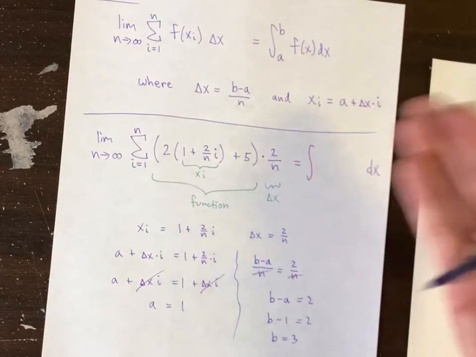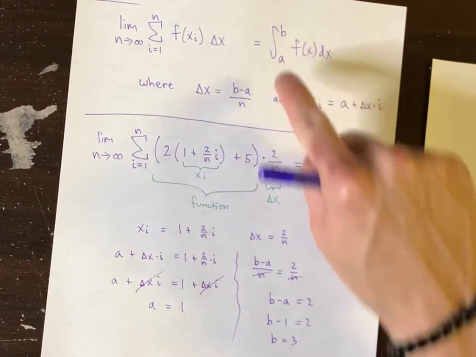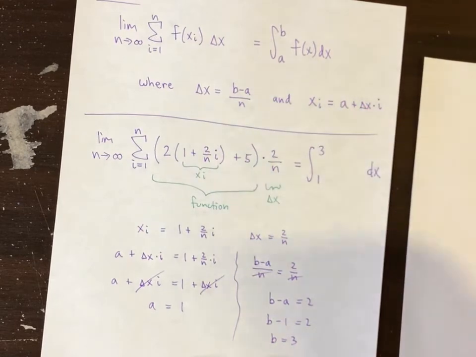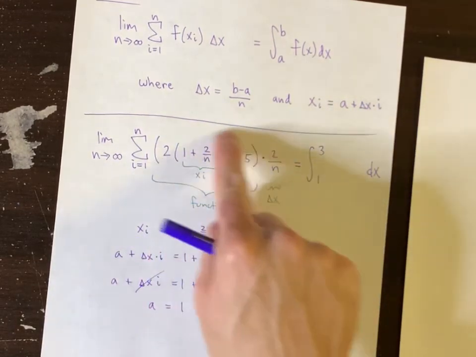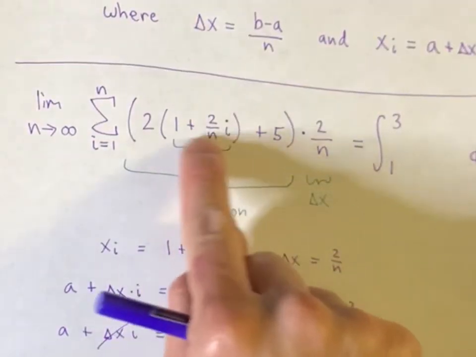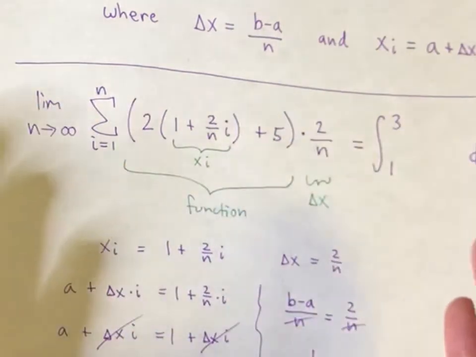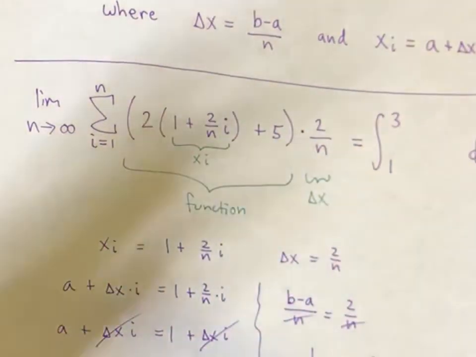And now we can go back to the main problem, because we wanted to write it like this. So we know our limits of integration: a is 1 and b is 3. All that's left to fill in is your function f. But remember, our function was this here, but that's the very special input x sub i. Generally speaking, before it was x sub i, it was just a general input called x.